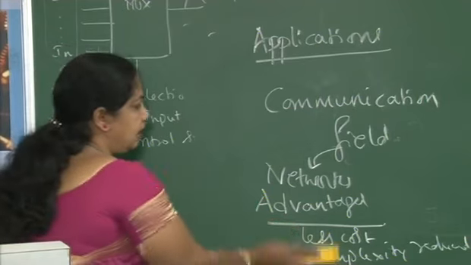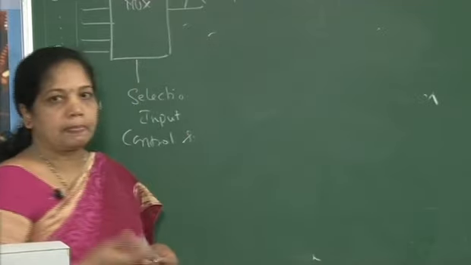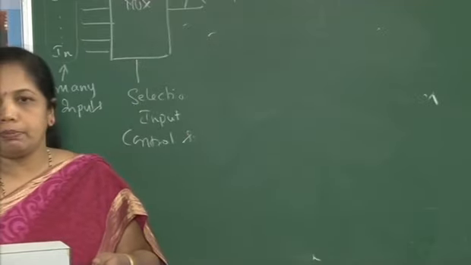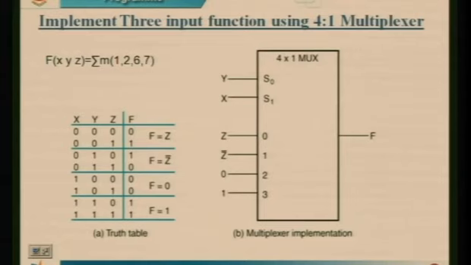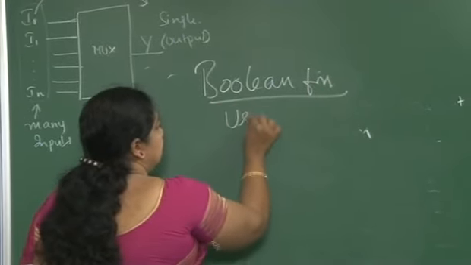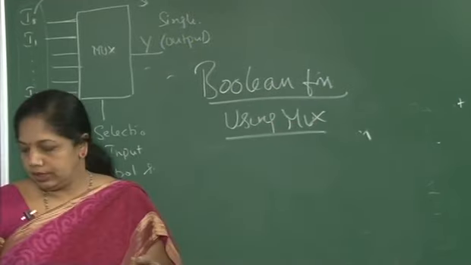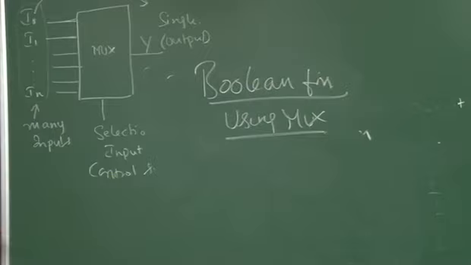So now let us start building. I'll take up an example of one application. I can implement a Boolean function using a multiplexer. We'll take up an example. You can just see the example over here.